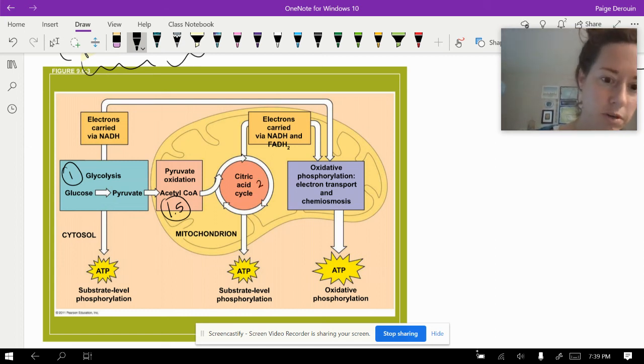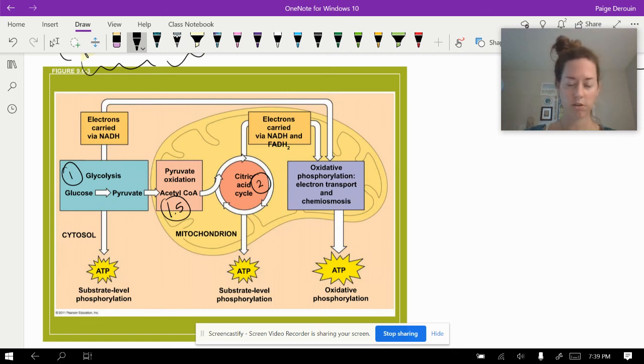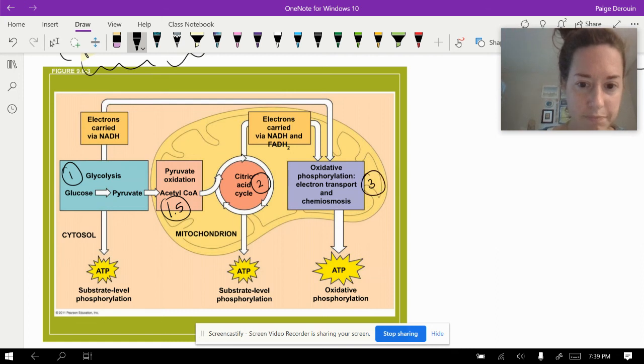Here's step 2. This is the Krebs cycle. Krebs produces some small numbers of ATP and also the electron carriers. NADH and FADH2 are the electron carriers that I was referring to. And then finally, step 3 is the electron transport chain that creates tons and tons of ATP, which is why that lightning bolt is a little bit bigger.